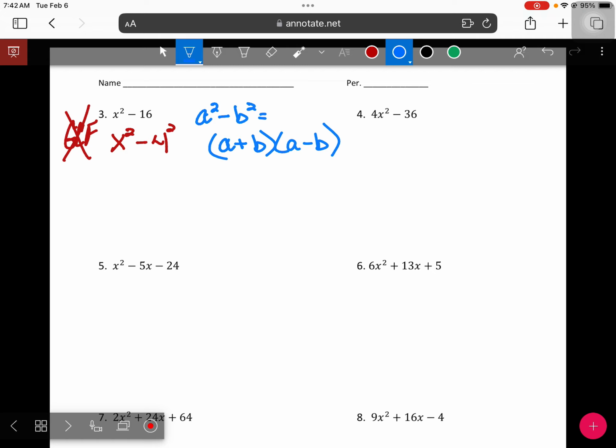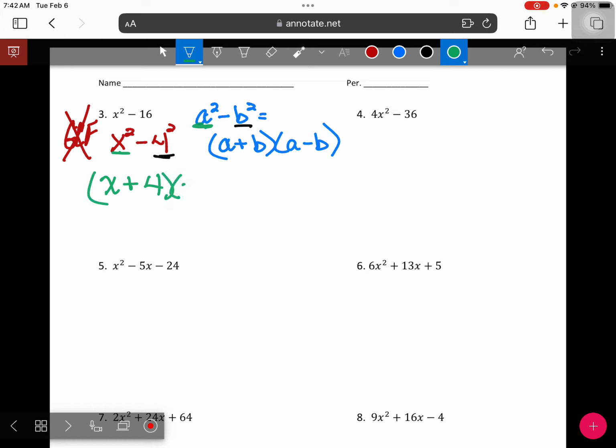So here, my x is my a value, so I'm going to say x plus 4. 4 is my b value.